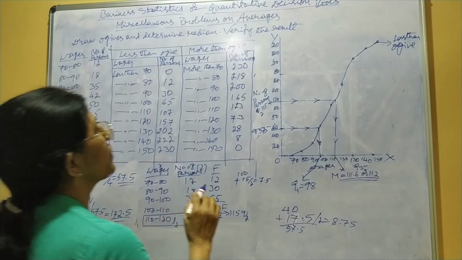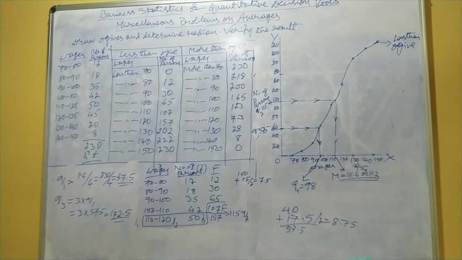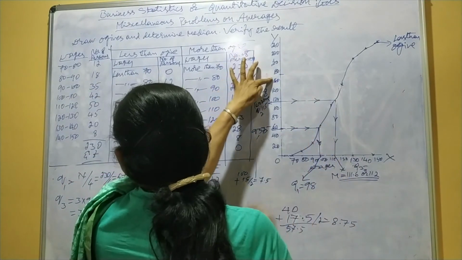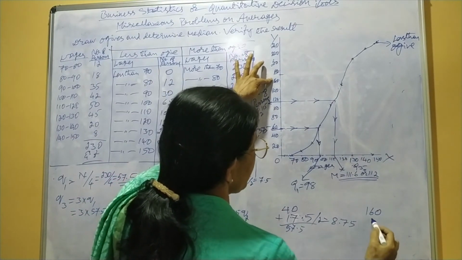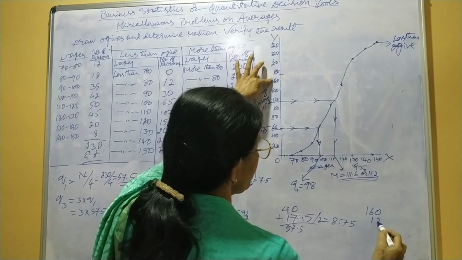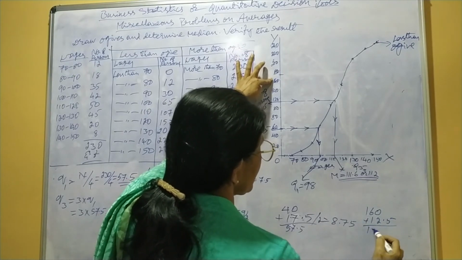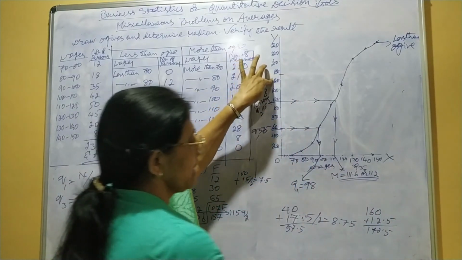Q3 is 172.5. Here it is 160. We have exactly 160 here. We need 172.5, so 172.5 minus 160 is 12.5, isn't it? Now 160 we have exactly.